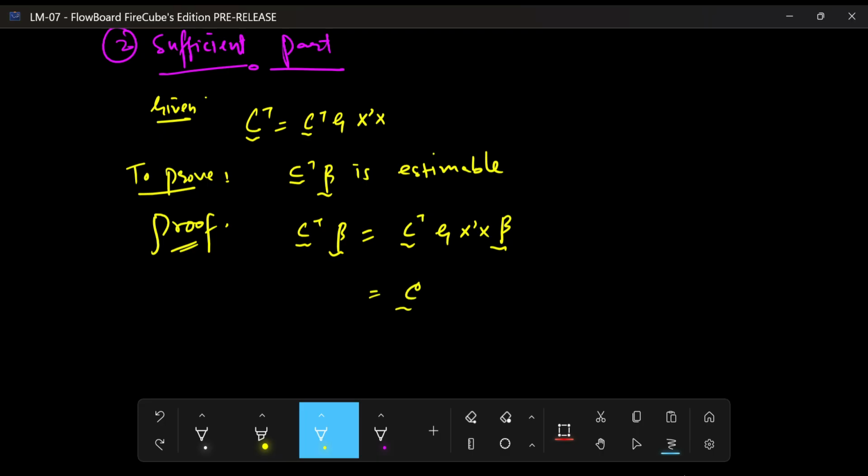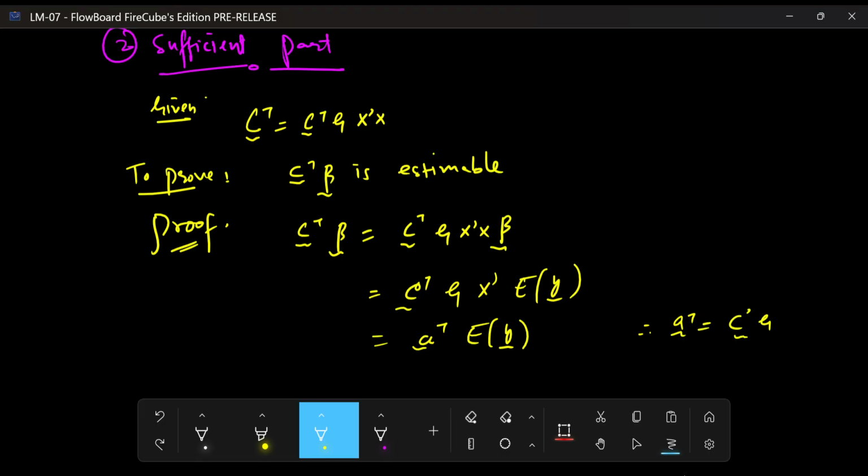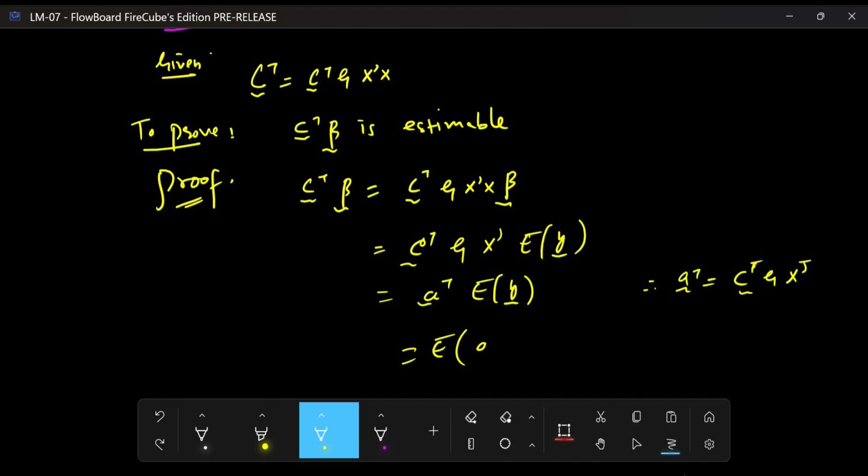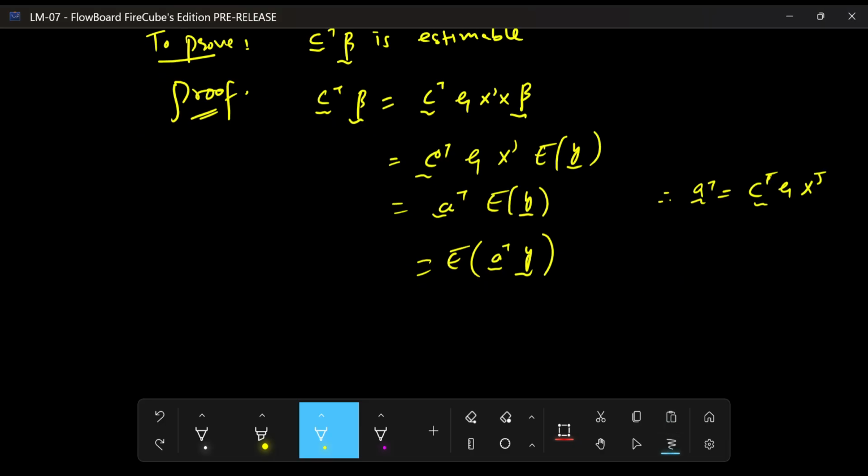Now can I write this as C curl transpose G X transpose, and in place of X beta curl, the expected value of Y curl. Let's suppose this is A curl transpose times the expected value of Y curl, because we can write A curl transpose is equal to C curl transpose G X transpose. So this is nothing but the expected value of A curl transpose Y curl. Therefore, C curl transpose beta curl is estimable.